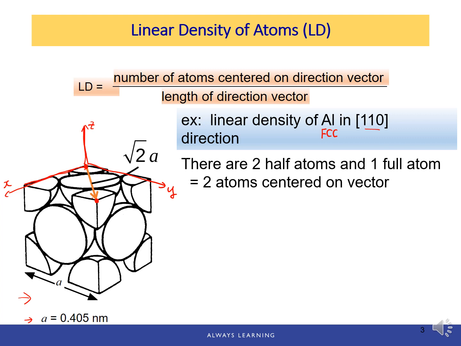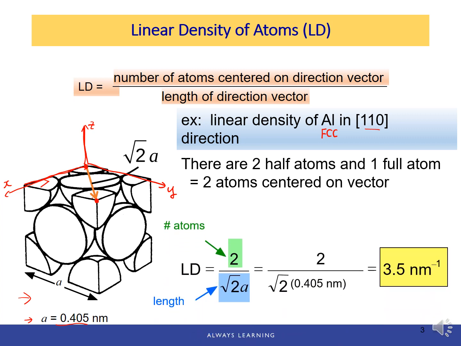Next is the length of the direction vector. Since we already know a is 0.405 nanometer, we can find the length of the face diagonal, which is square root of 2 times a, because of the 90-degree angle. Now we can substitute the numbers into the formula.